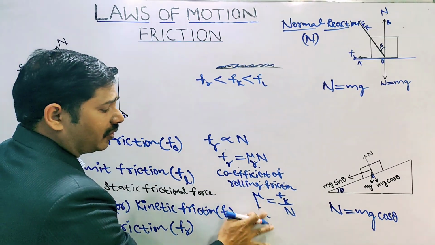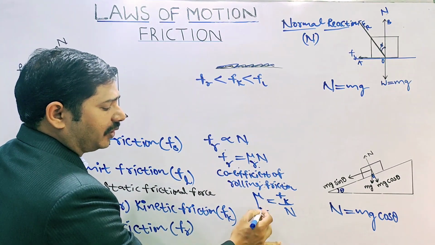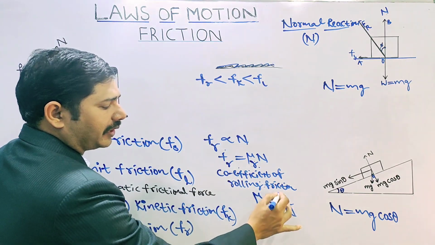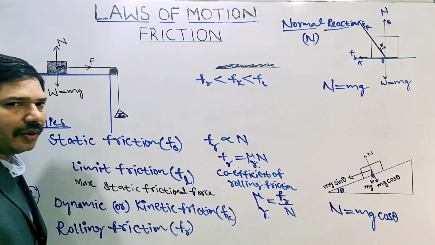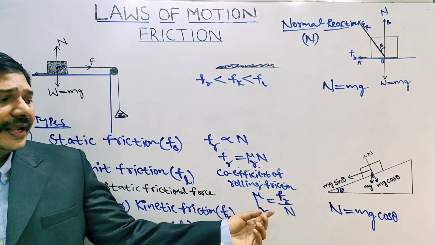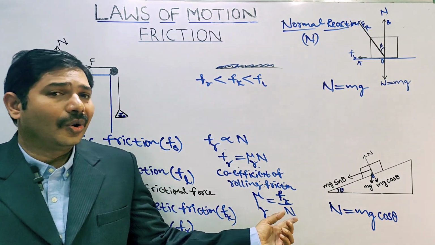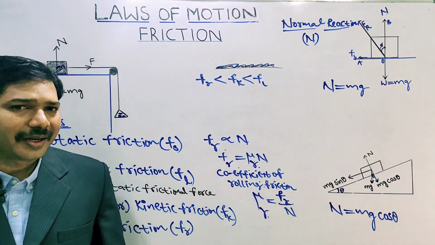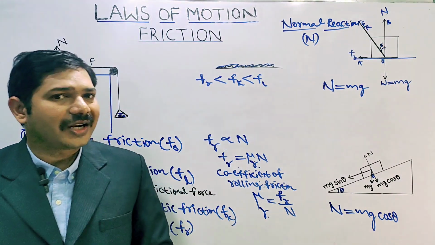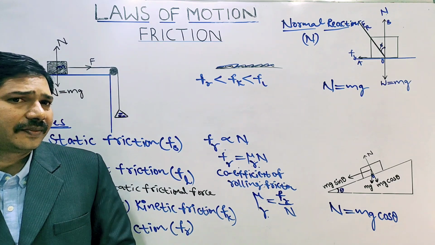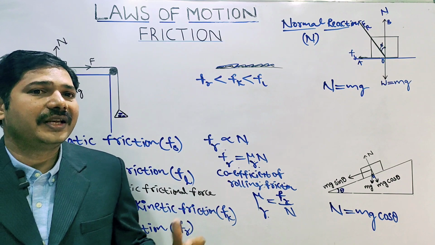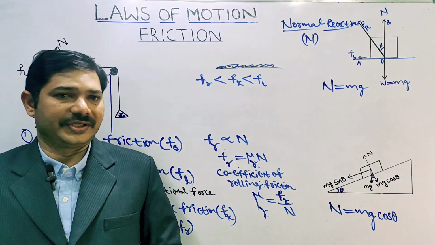So mu r equals Fr by N. We define it as the ratio of the rolling frictional force to the normal reaction. It is also a pure ratio, so it has no units or dimensions. These are the three types of friction and their three coefficients of friction.